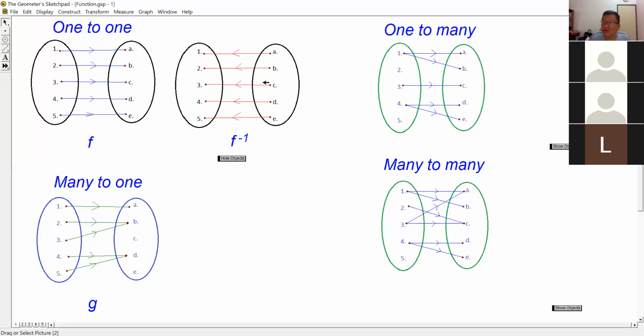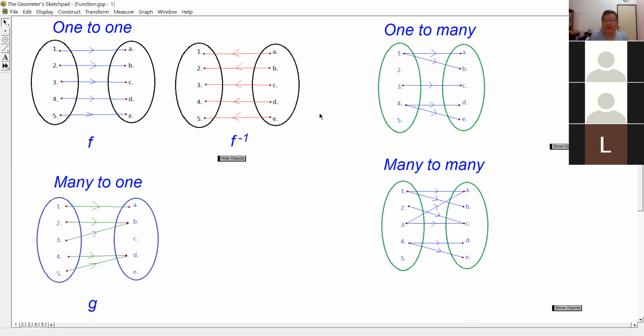Does it satisfy the condition of a function? The answer is yes. You can see that it is also one-to-one when you move backward. So for this one-to-one function, the function is a function, and the inverse is also a function.